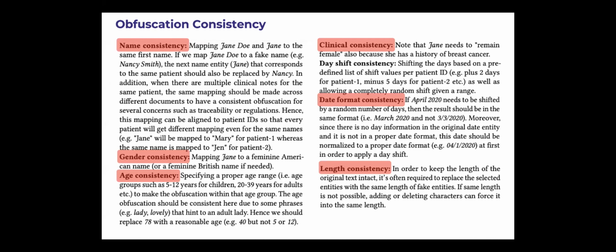And for patient-wise consistency, let's say that I have 100 patients and 1000 records for each patient. If I replace Jane with Mary for patient 1, I need to do this for all the clinical notes belonging to the same patient so that I can keep the consistency, because an attacker can check all of this.